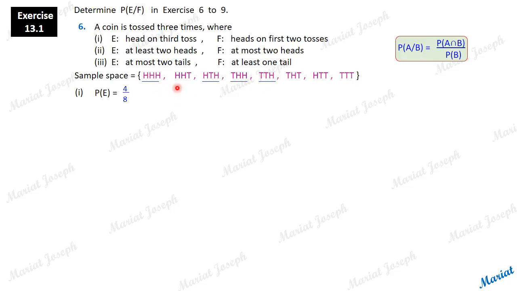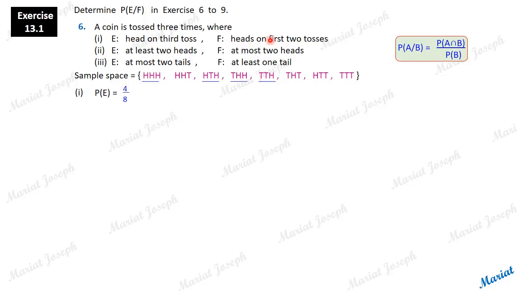So these underlined 4 outcomes are favorable to this event E. And all these outcomes are equally likely to happen because the coin is taken to be an unbiased one. So probability of E is the number of favorable outcomes, that is 4 upon total 8. Now, what is the probability of F?